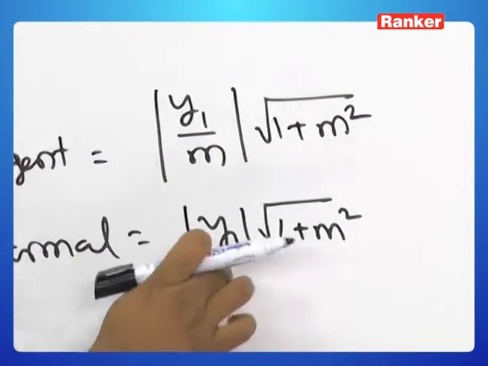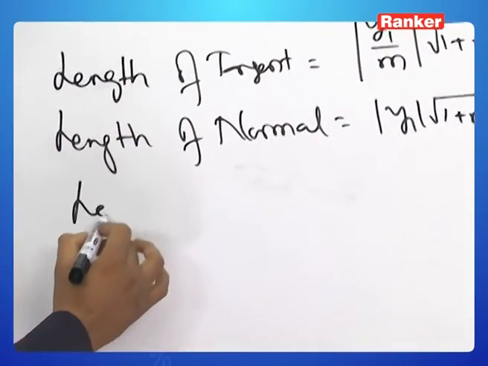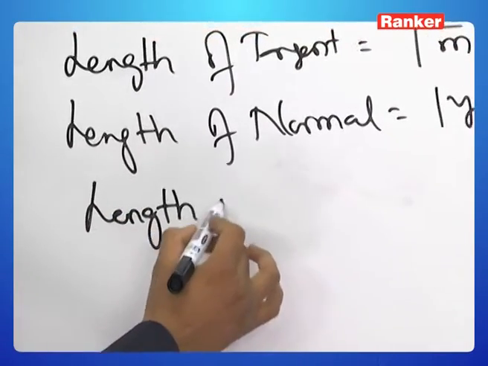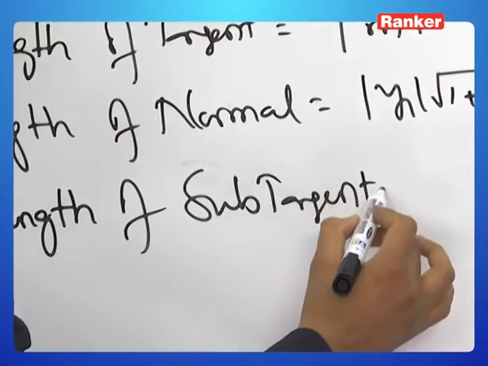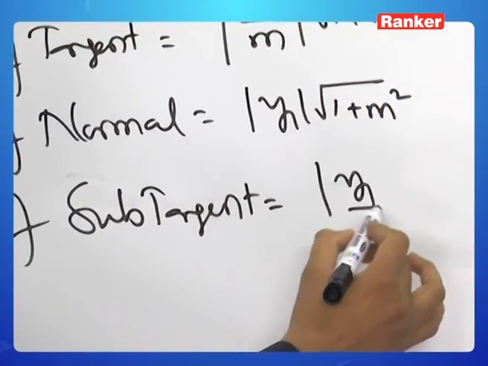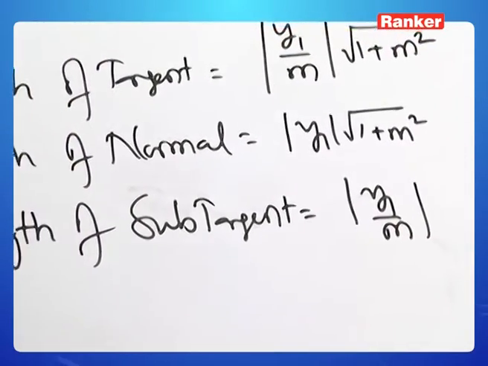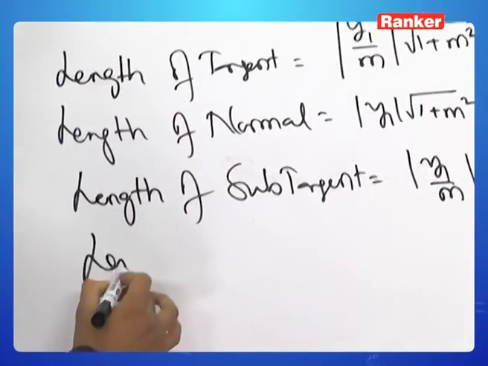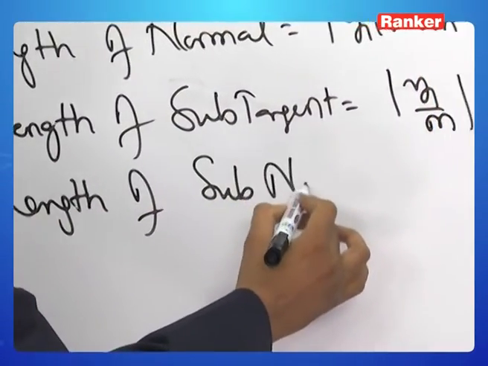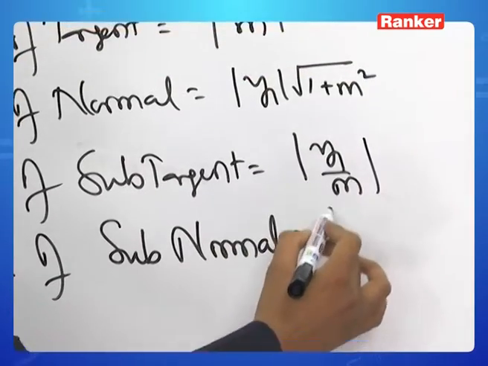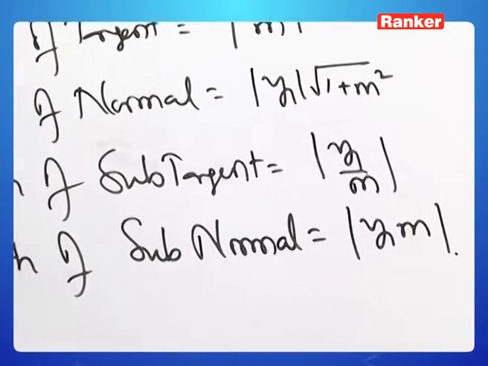The only difference is that m in the denominator is not there in the normal, it is there in the tangent. Length of subtangent is mod y1 by m, the same term as tangent except for root over 1 plus m square, and length of subnormal is mod y1 into m.